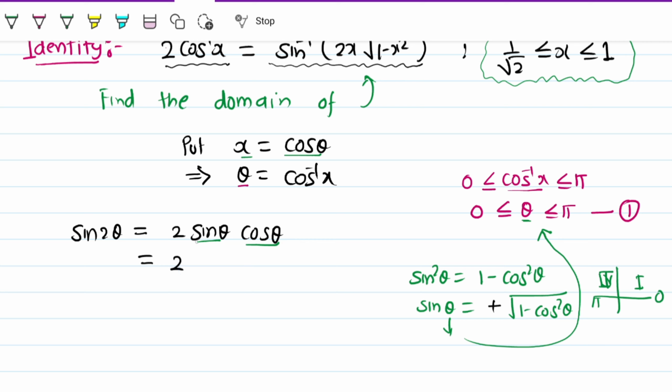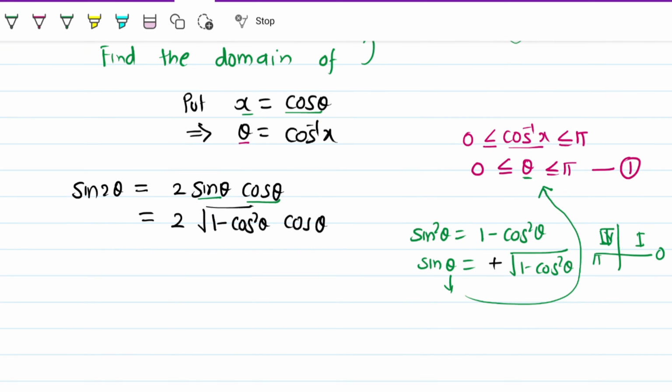So 2 sine theta cos theta means 2 root over 1 minus cos square theta and cos theta. Now we can put cos theta as x. It is sine 2 theta here. So here it is 2 root over 1 minus x square, and this is x.